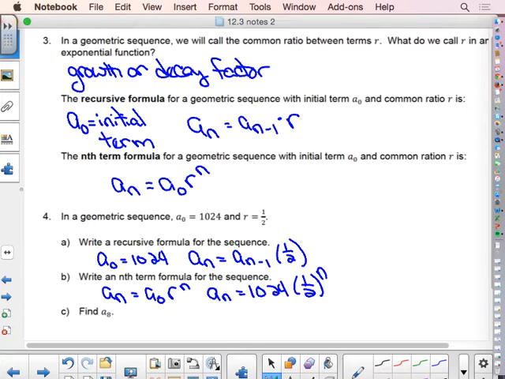So finding a sub 8, a sub 8 is equal to 1024 times 1/2 raised to the 8th. And that's going to give us 4.